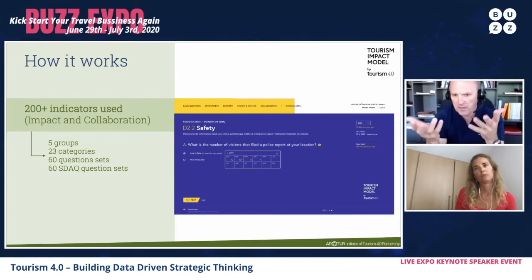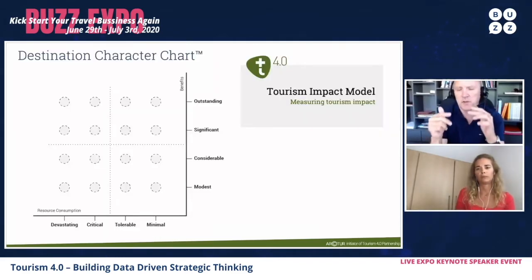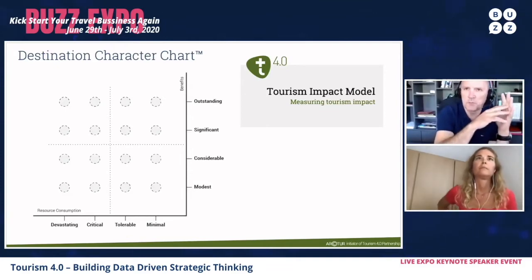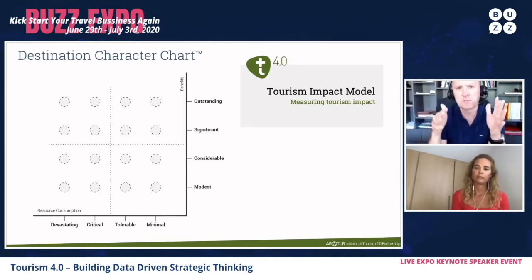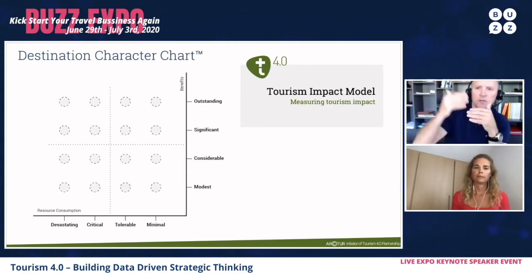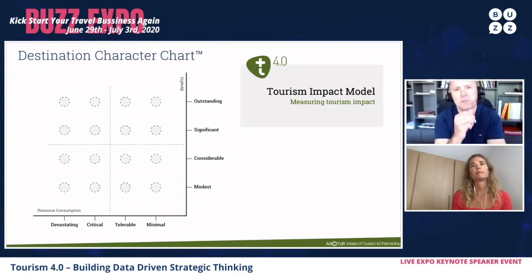So gathering the data is very important, and this process within a certain destination takes days, sometimes even weeks. It's a lot of work done by the expert, and of course you have to have motivated persons on the other side within the stakeholders.